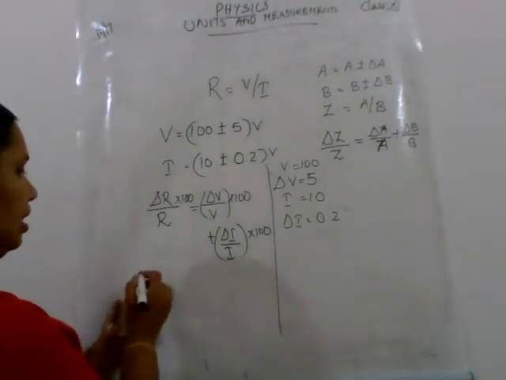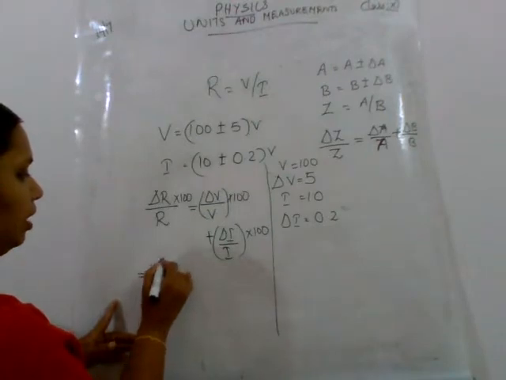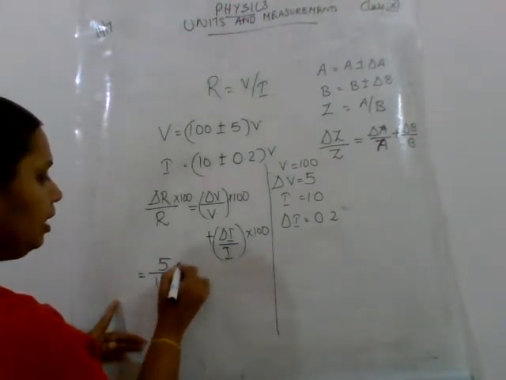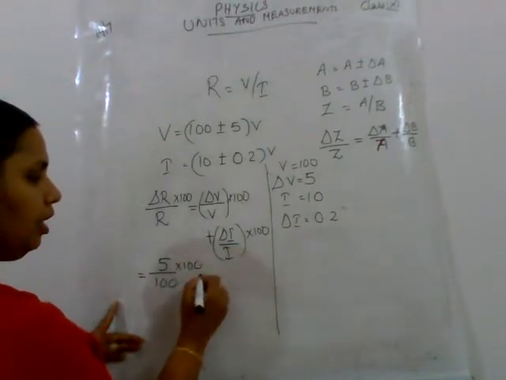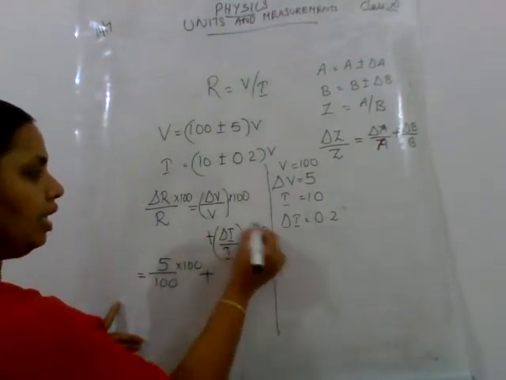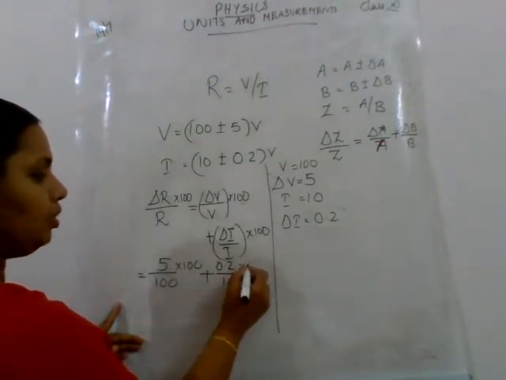Okay, so what is it? Delta V is 5, so 5 by 100 into 100 plus delta I by I, that is 0.2 by 10 into 100.